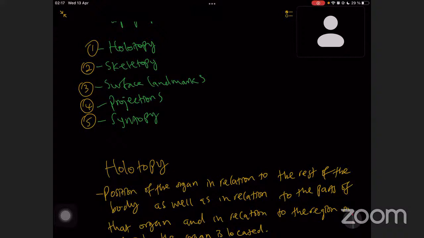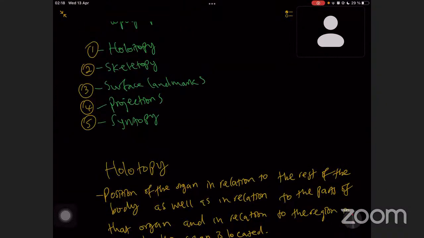Surface landmarks talk about when we palpate an organ, where do we find it on the surface? When we palpate on the skin, where do we locate that organ? So the relationship of the organ to the skin is determined by palpation. And then projections: these are bony prominences that protrude in relation to the surface landmarks, which help us to identify the location of different organs.